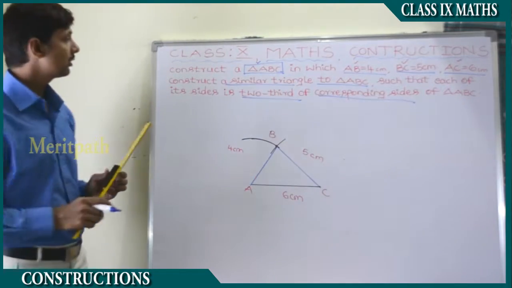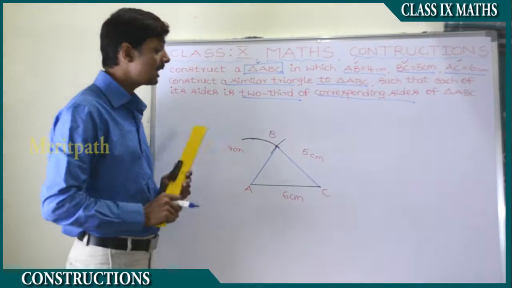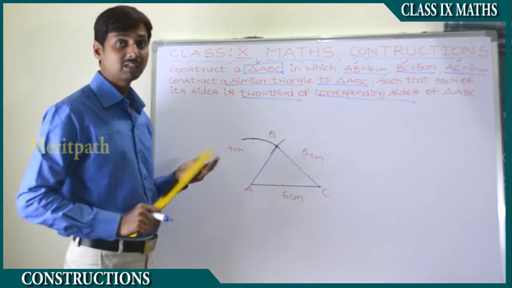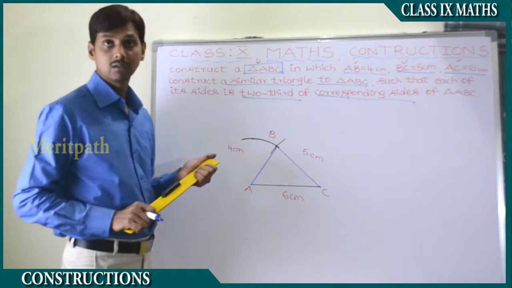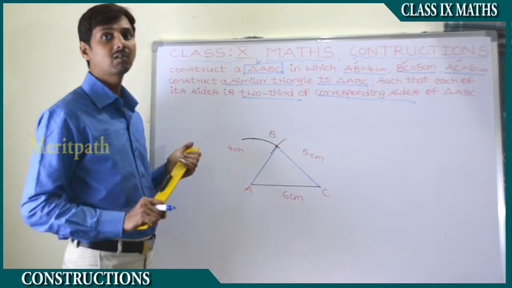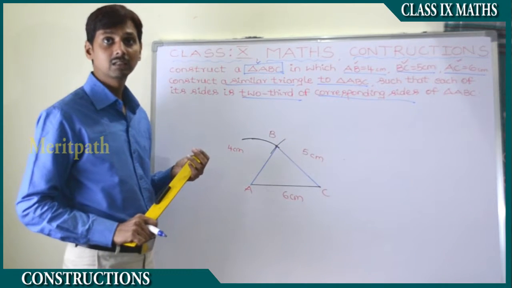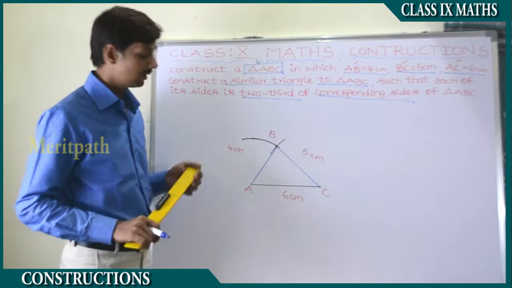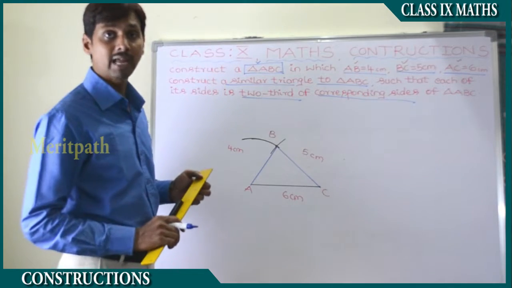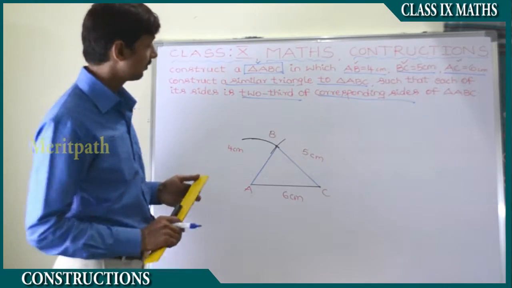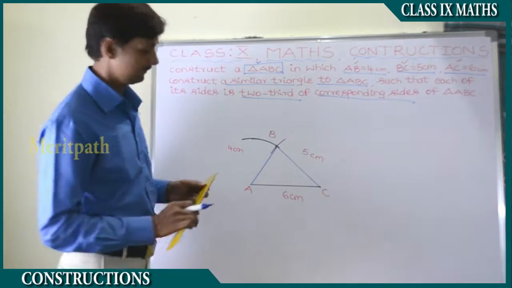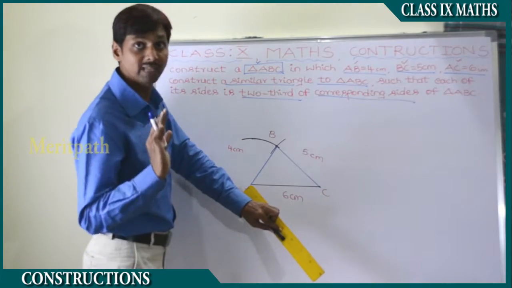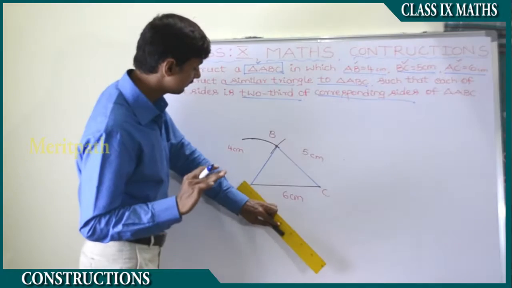Now we need to construct a similar triangle for triangle ABC. As earlier, we have constructed a similar triangle using the same concept. Let's draw an acute angle for the side AC.